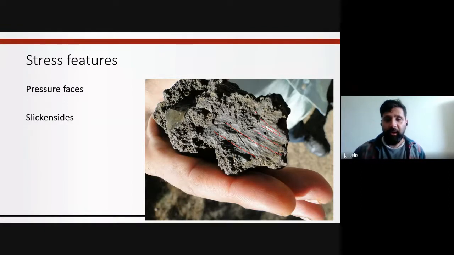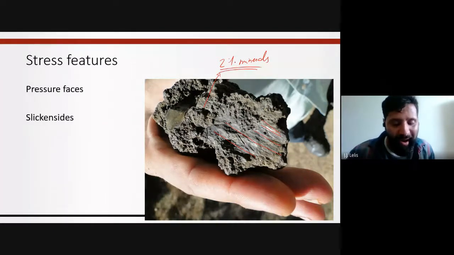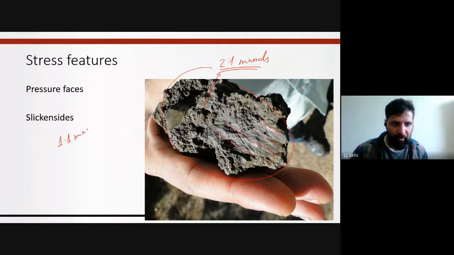Okay, and these are typical of 2 to 1 minerals, layers and horizons that have a lot of high activity clays. We cannot see this kind of structure in materials that have 1 to 1 minerals or oxides.